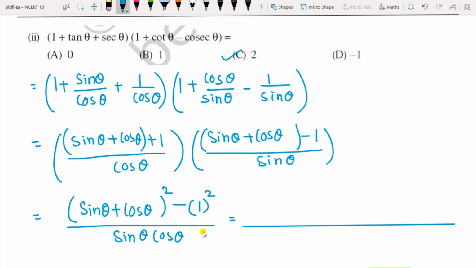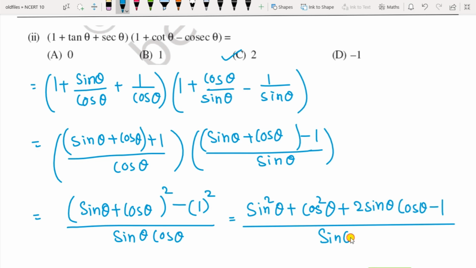Now this is a plus b again, so we will write its expansion. It will be a square, that is sin square theta, plus b square, that is cos square theta, plus 2ab, that is 2 sin theta cos theta, and minus 1 square is 1, the whole upon sin theta cos theta.